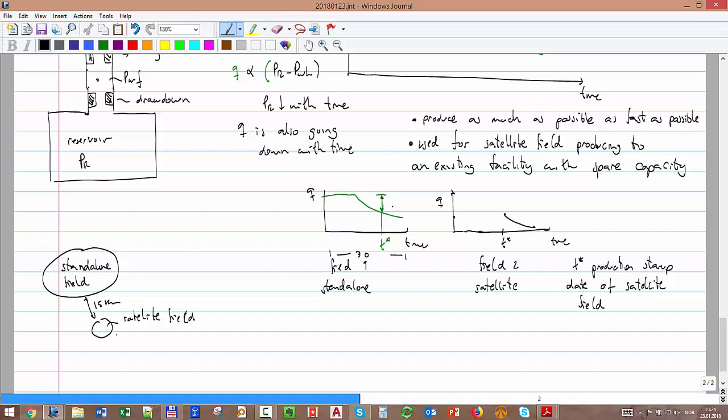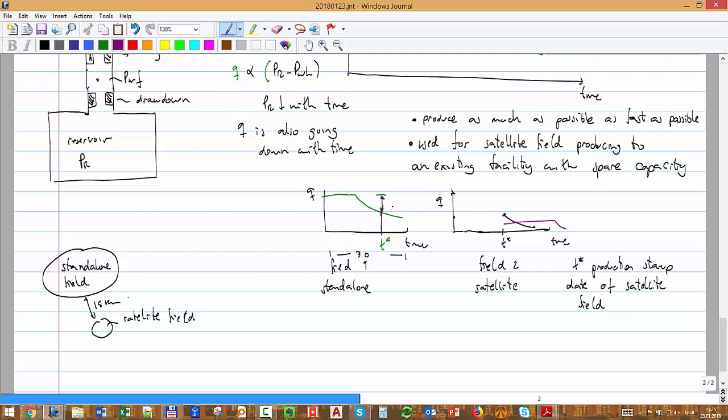You say, well, I could build an offshore structure, I could build the processing facilities for that field, and then I will have to produce it like this, plateau and then decline. Or, in this field, at that particular point in time, it's already declining, it's out of the plateau phase, so I have spare capacity available to take that production. So instead of delaying production, I will connect it to the standalone field and produce as much as possible. Is that clear?